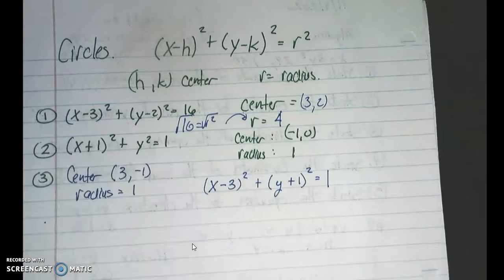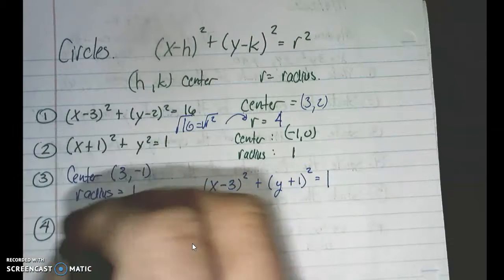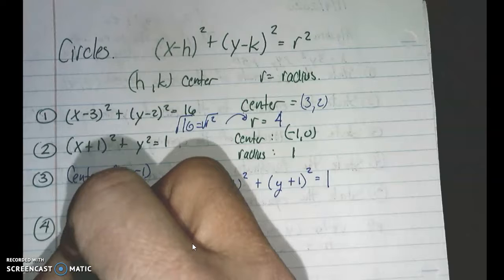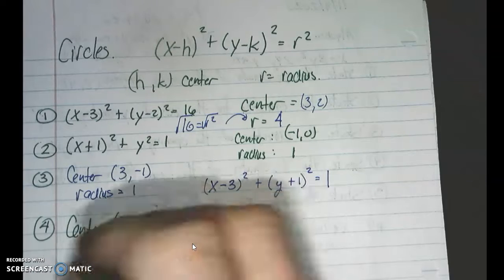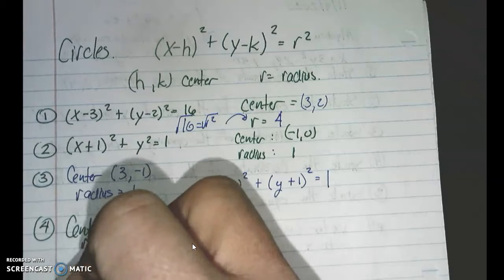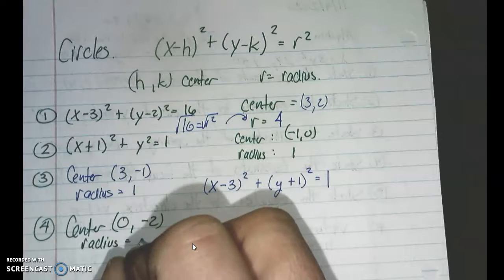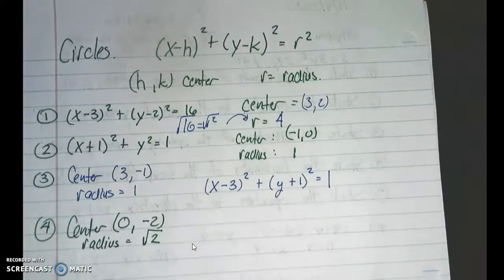Okay, so let's look at number 4. Let's make the center 0, -2. And let's make the radius the square root of 2.